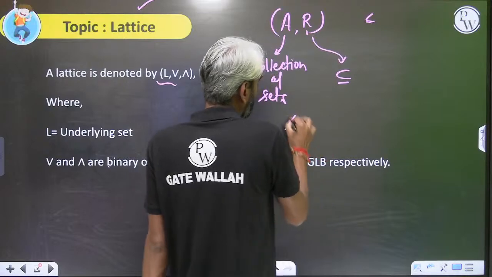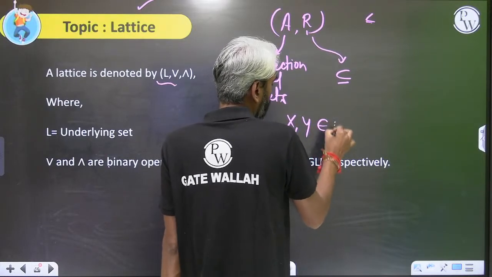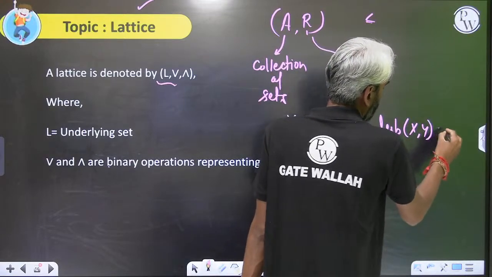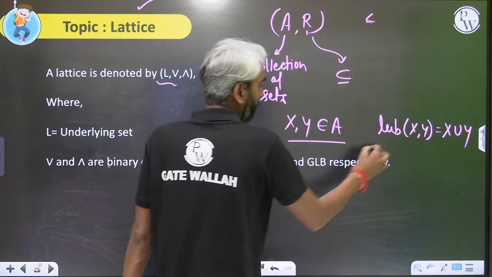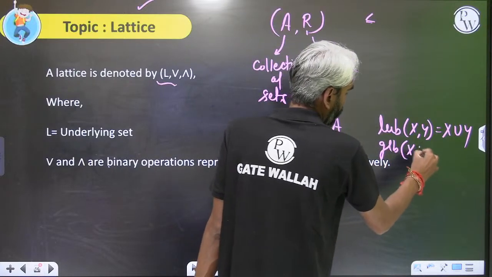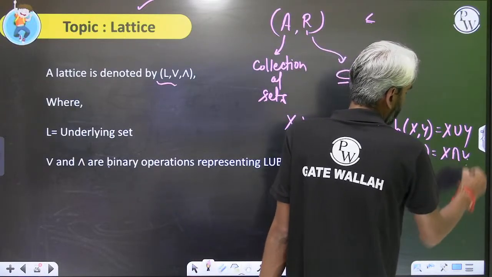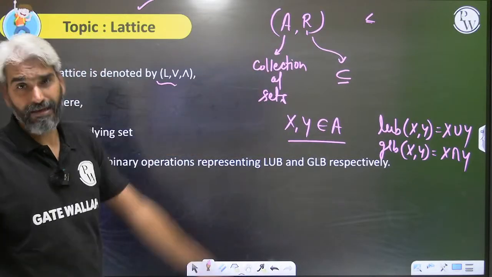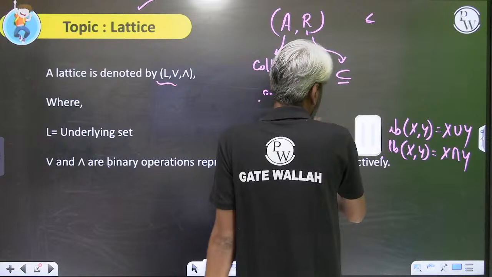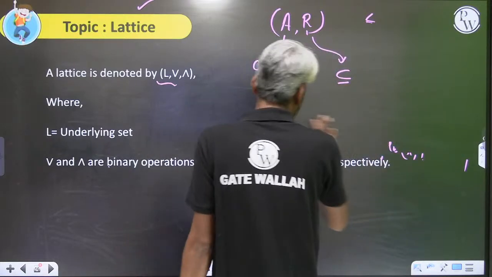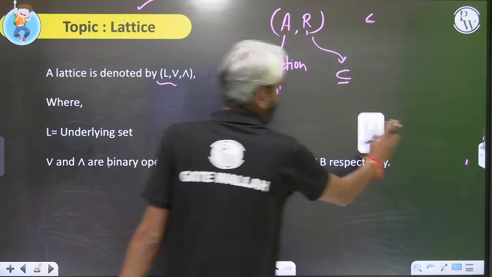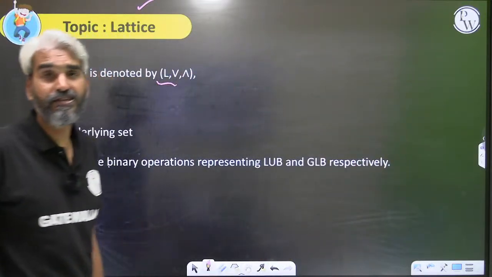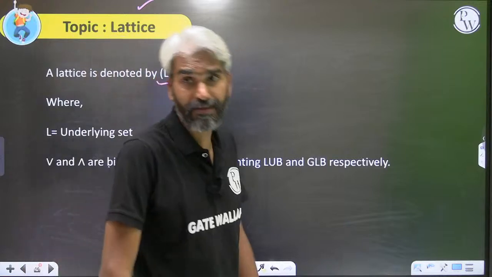So if I take two subsets x, y belonging to set A, then the least upper bound of x and y will be x union y, and the greatest lower bound of x and y will be x intersection y, if both x union y and x intersection y are present in the set. Otherwise, if they are not present, then you will have to look for other sets in the collection which satisfy the property of least upper bound and greatest lower bound.